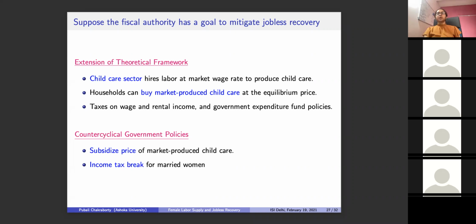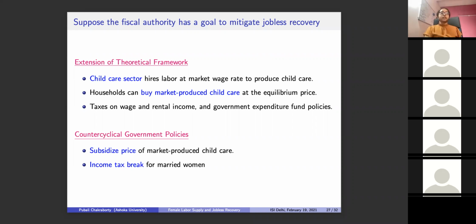So suppose the fiscal authority has a goal to mitigate jobless recoveries. Now I extend the existing theoretical framework to account for a childcare sector. Till now, the only way that you could produce childcare would be if you supplied labor at home.